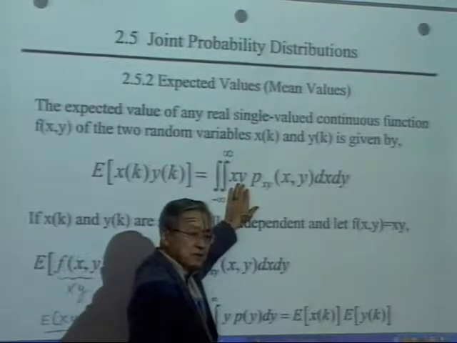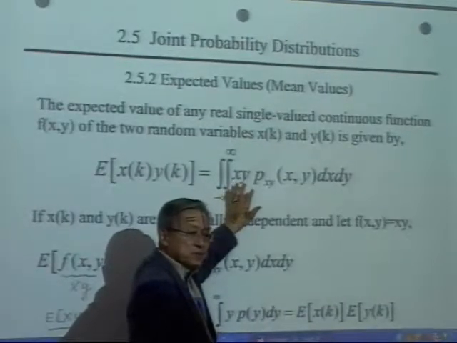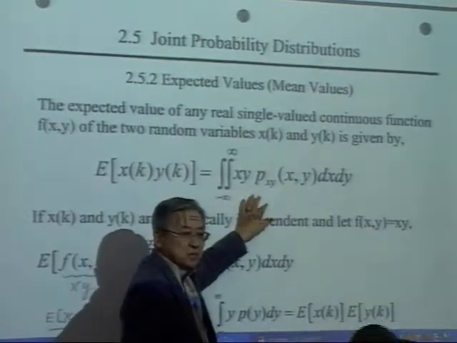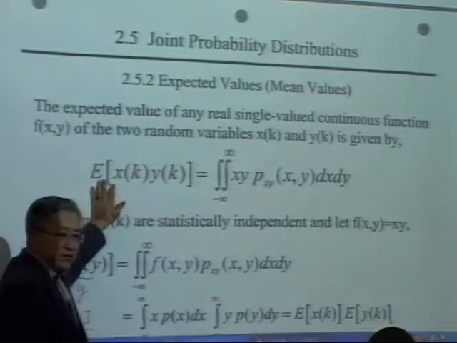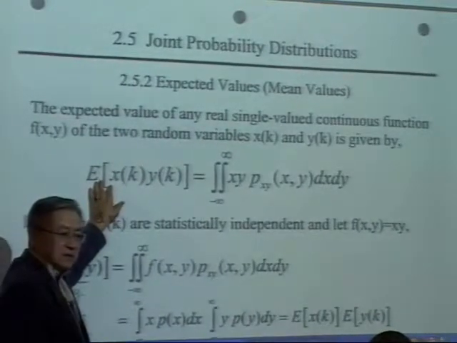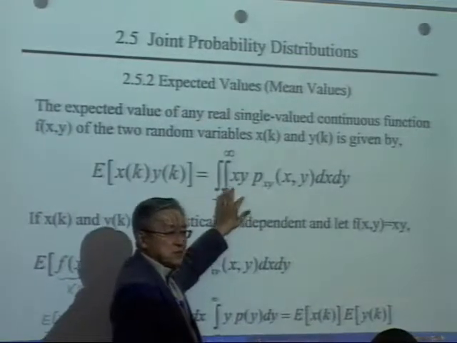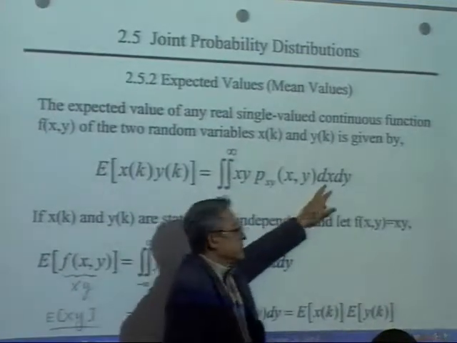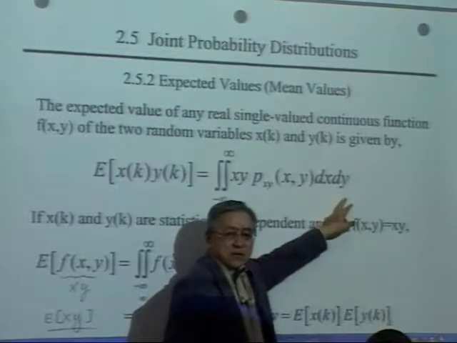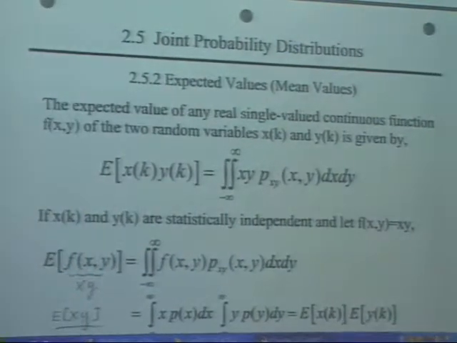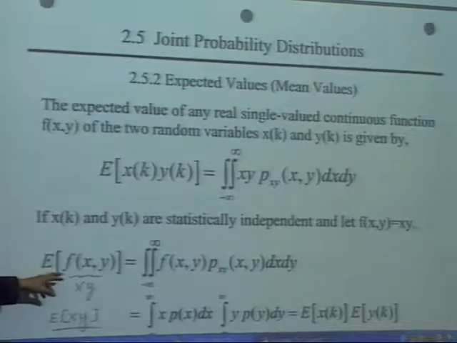So by definition, for the joint probability, the situation is the same, which is the expected value. The integration is from minus infinity to infinity for x and y both. So it's another case.